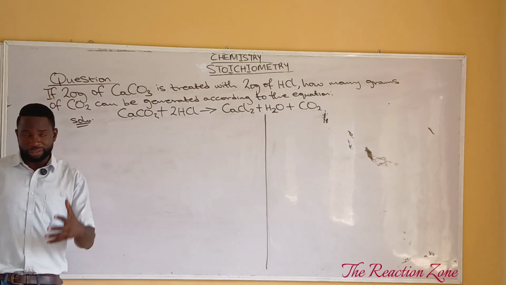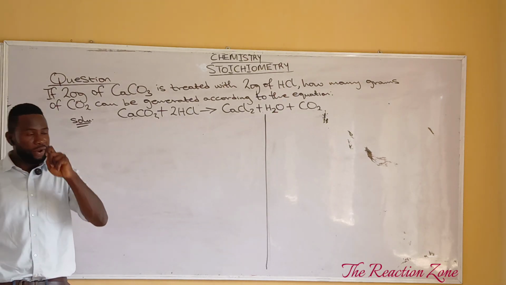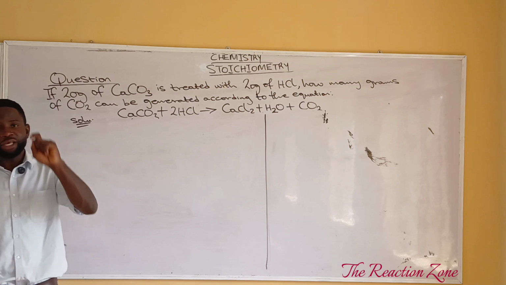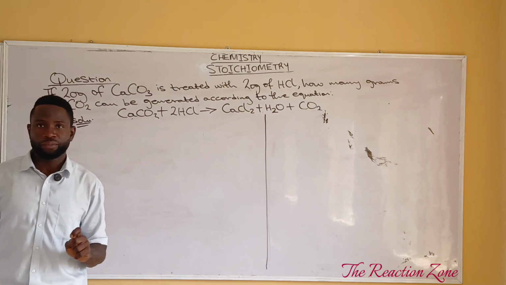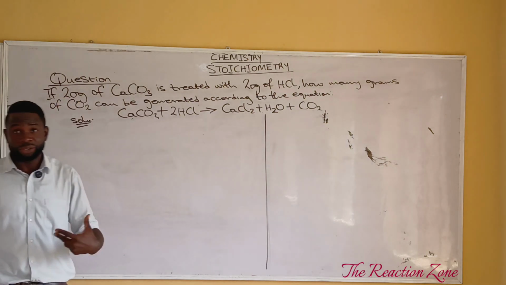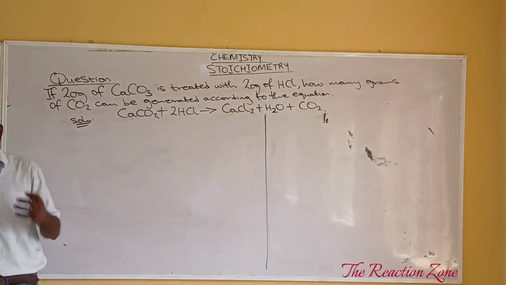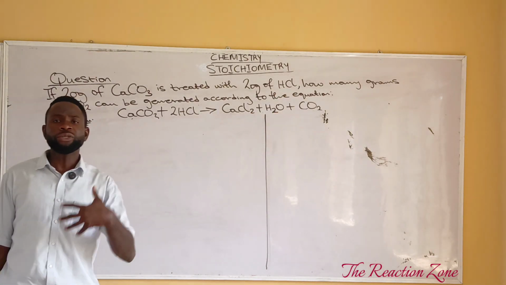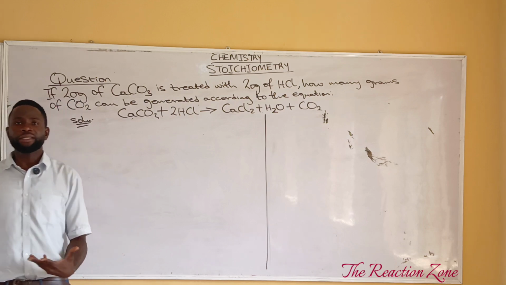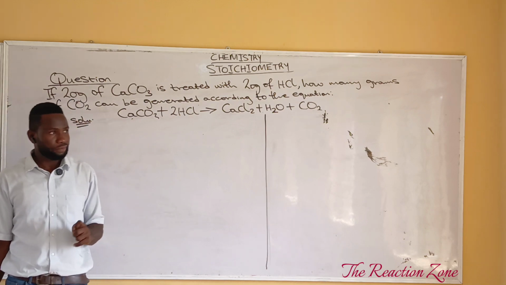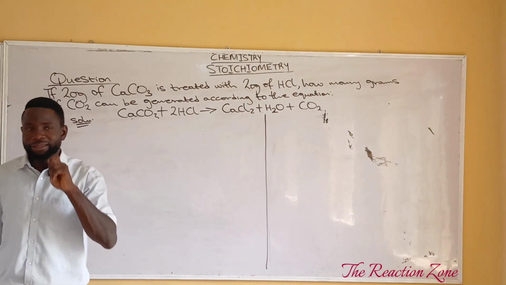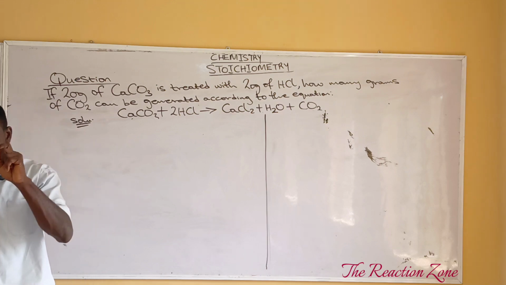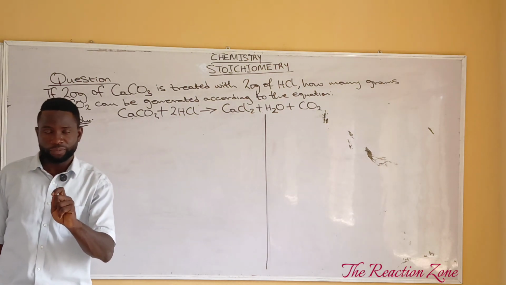The limiting reactant is that reactant that is completely used up in a chemical reaction and limits the amount of products that will be formed. You can also define the limiting reactant as that reactant that is going to give the least amount of product.